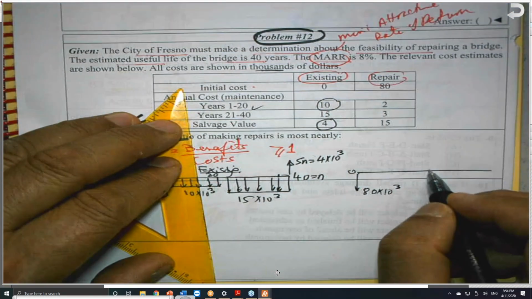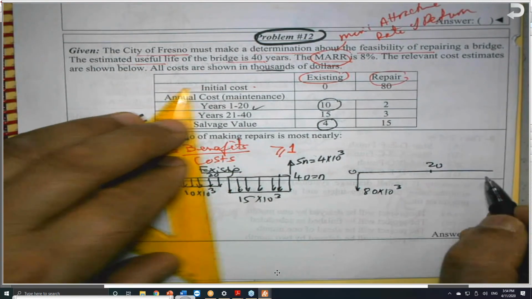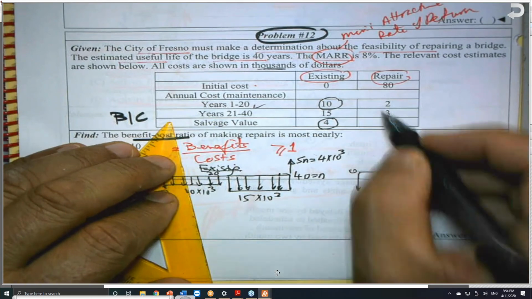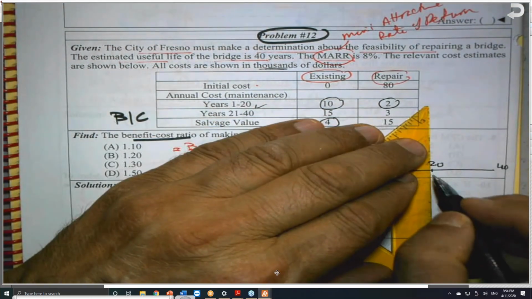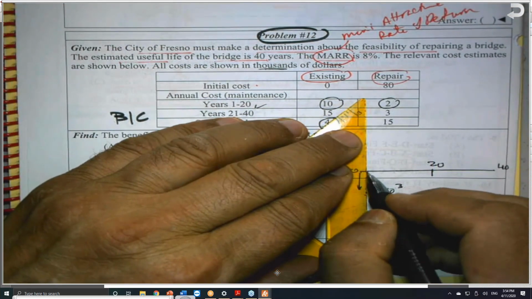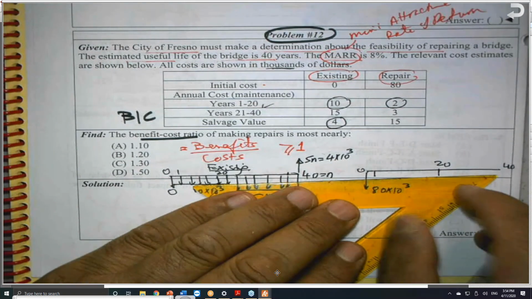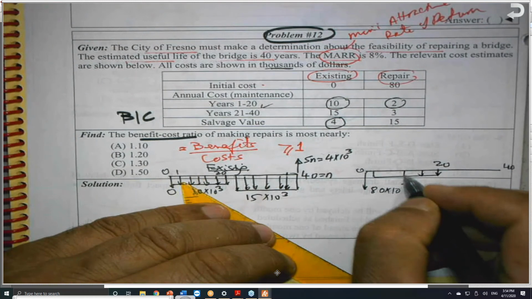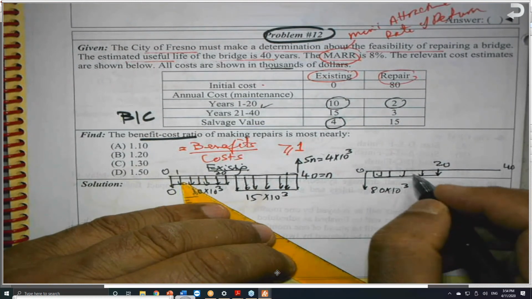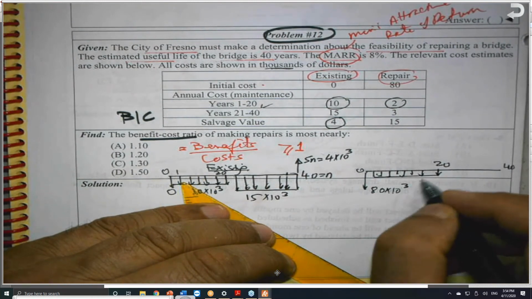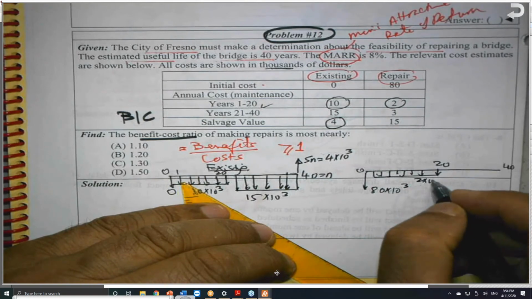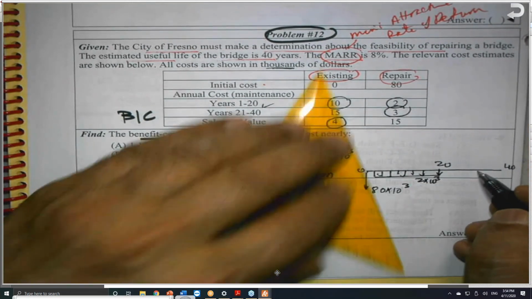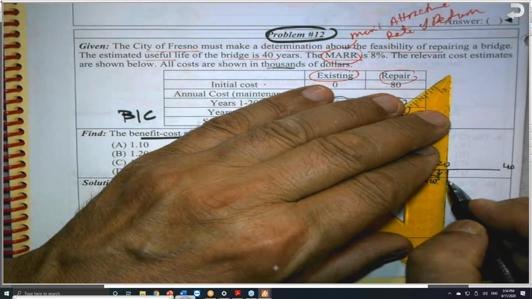And at year 20 and year 40, I have only $2,000 for the cost of the repair or the maintenance. And after that it becomes 3,000 from year 21 all the way to 40.